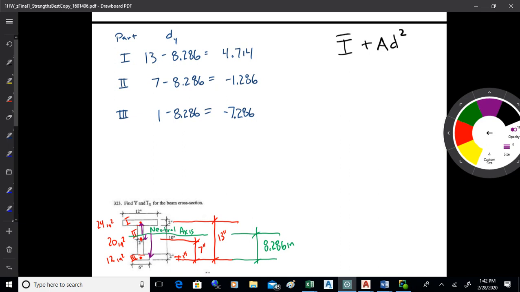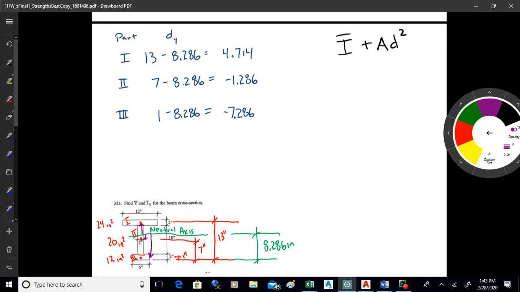So I'm getting 4.714, 1.286, and negative 7.286. Now, I've got signs on those. A lot of times people don't even bother with them because the formula is AD squared, so those signs just square out anyway. It doesn't matter, but I'm putting them on there because that's really what they are. So we good with that? Doing all right? Okay.